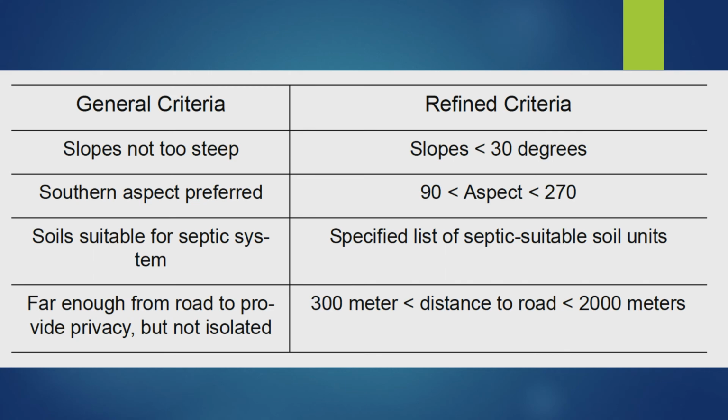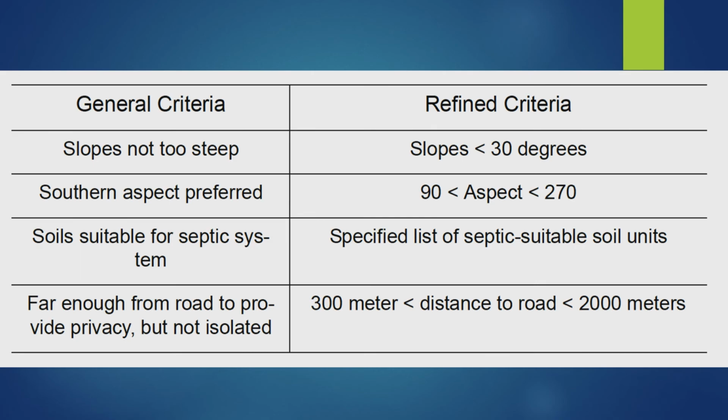So here's another example of looking at what the general criteria are. Oftentimes, somebody will come to you as a GIS expert, or you'll be trying to solve a problem, and you'll have some general criteria. They'll say, okay, I'm looking for an area where the slopes aren't too steep.